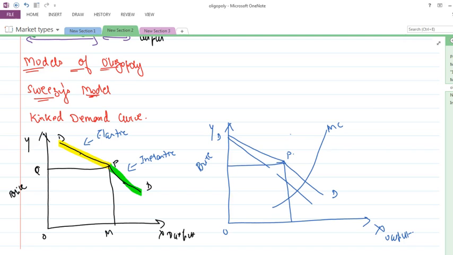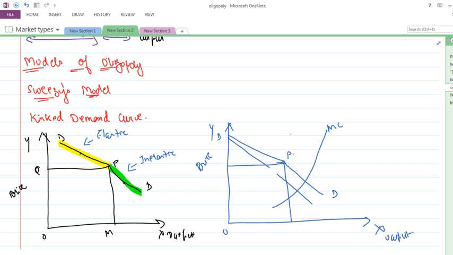The major drawback of the kinked demand curve is that it does not explain the determination of price. It just explains that there is price rigidity in the oligopolistic type of market, and it does not apply to price leadership or collusion in the market.